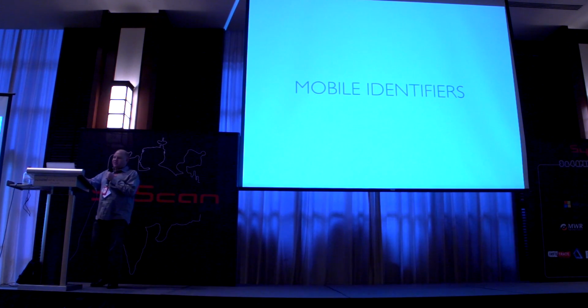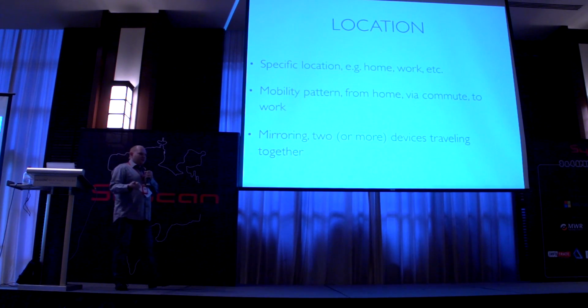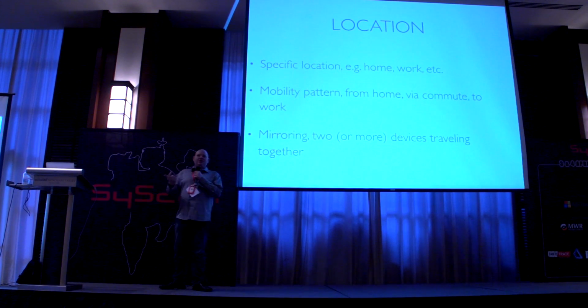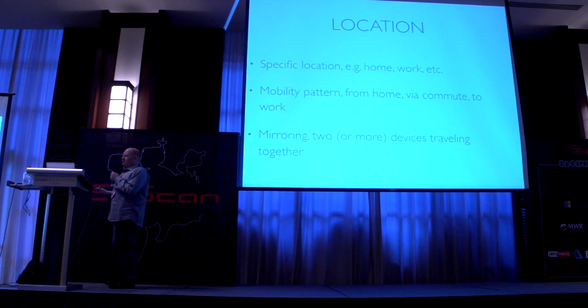I'm going to go into all of the things that can be used to identify a mobile. So you have a specific location. If a mobile gets turned on in your home or at your work, it's immediately tied to the subset of people that have access to that location. There's mobility patterns.